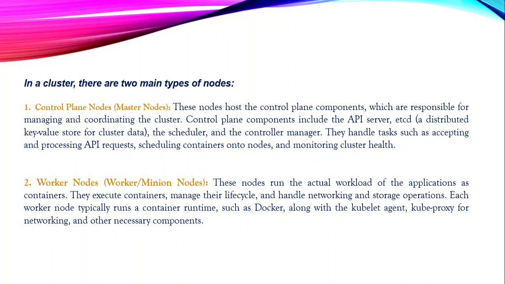We also have a kube-proxy in your worker node, which is for networking and other necessary components. So please note that in a worker node you have the kubelet, the kube-proxy, as well as the container runtime.